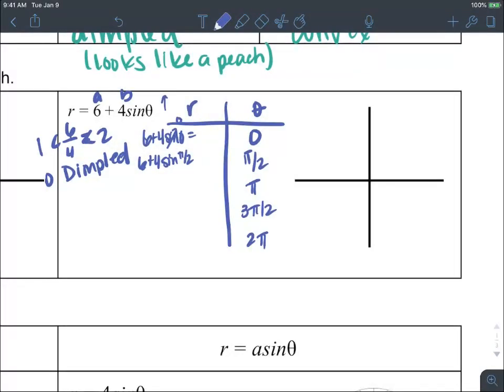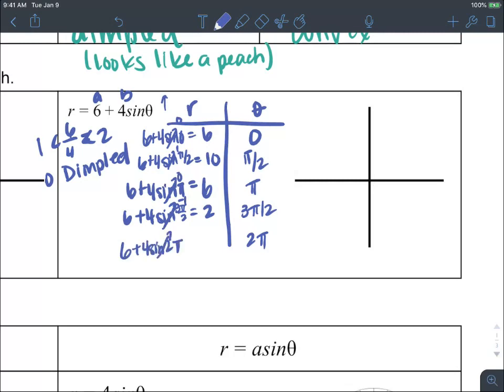Sine pi over 2 is 1, so that's going to equal 10. 6 plus 4 sine pi, that's 0, so that's 6. 6 plus 4 sine 3 pi over 2, that's negative 1, so 6 minus 4 gives me 2. And then 6 plus 4 sine 2 pi is back to 0, so that's just plain 6.